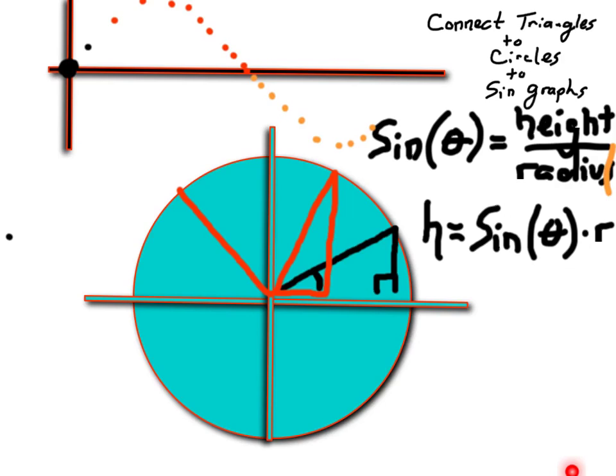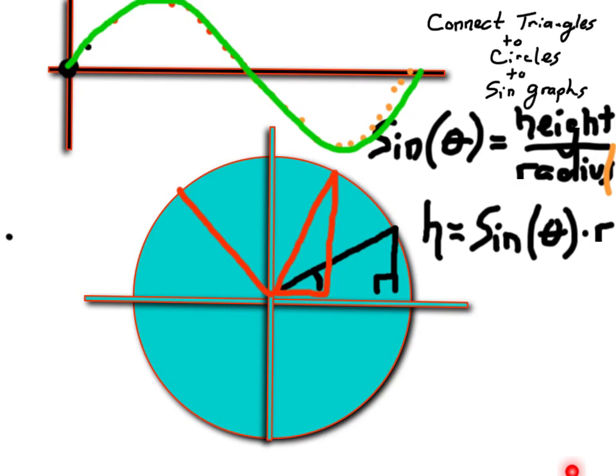So you end up with this nice sine curve, and we're really measuring the heights of the triangles. So there you go. That's a quick recap on yesterday.